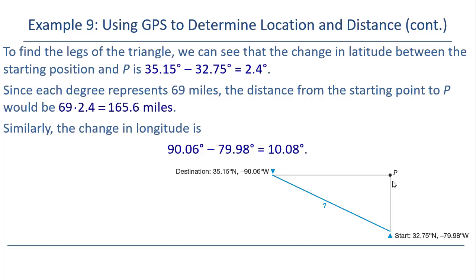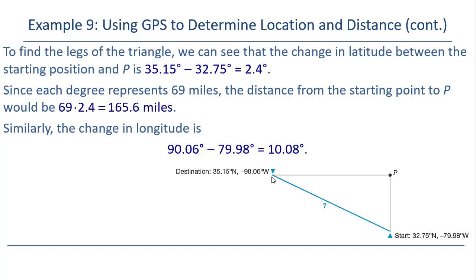Great, easy, simple. We can also figure out the change in longitude, right? These vertical longitudinal lines. And the change between these two is the change between the negative 79.98 and the negative 90.06. Since they're both negative, we can just think of looking at the difference between their absolute values, right? And so it's 90.06 minus 79.98, we get 10.08.